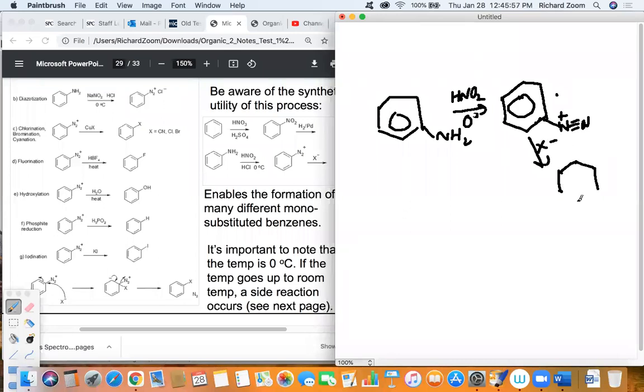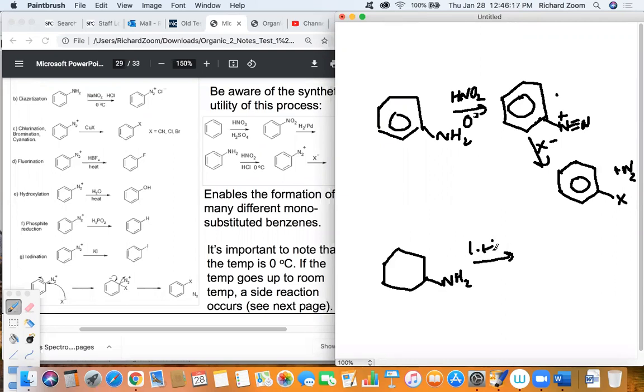We can do the diazotization step first and then throw in the X minus second, or we can do it this way as well, which might be preferable for some people because it saves a step.